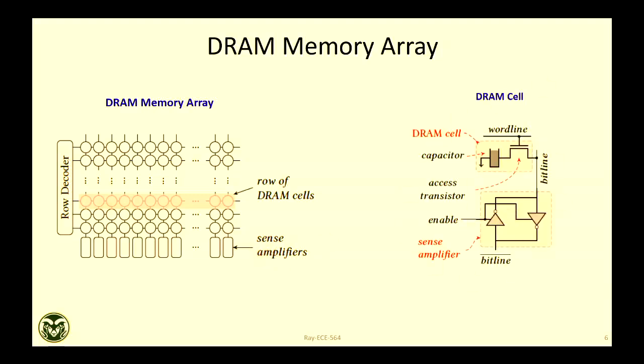Or more clearly, this is the picture you have seen in this course when you talked about DRAM. This is a DRAM cell. It is 1T, 1C. This is the capacitor, and this is the access transistor. It is connected to a bitline, and the bitline is connected to a sense amplifier. During sensing, you will precharge this bitline to VDD by 2.